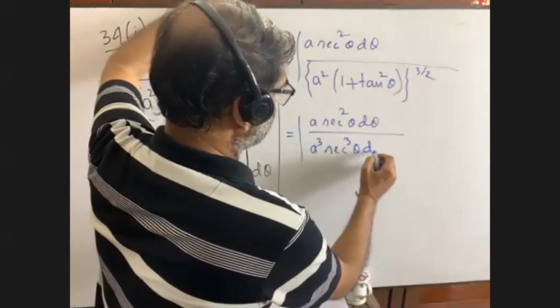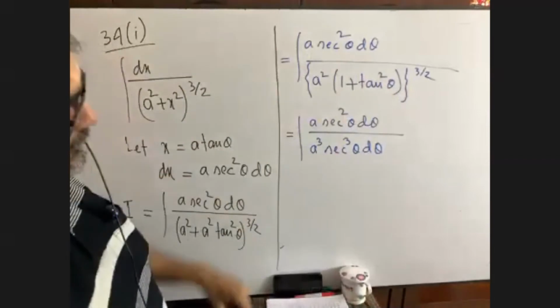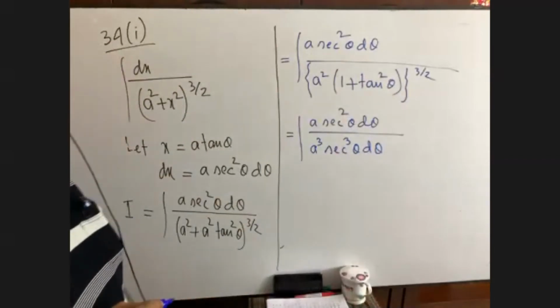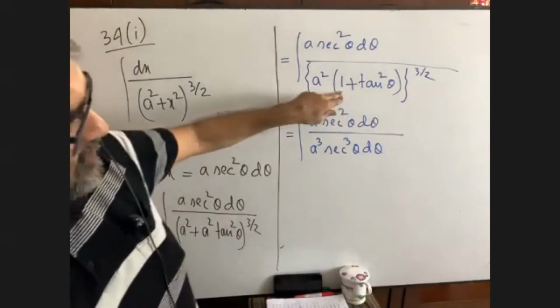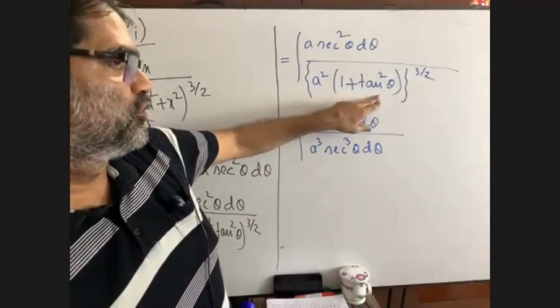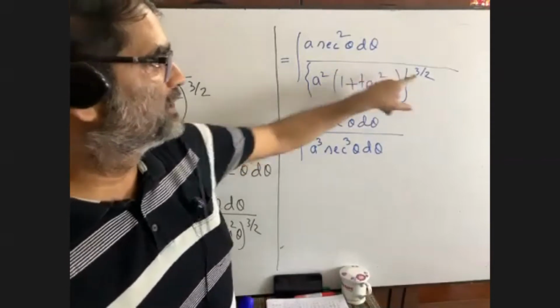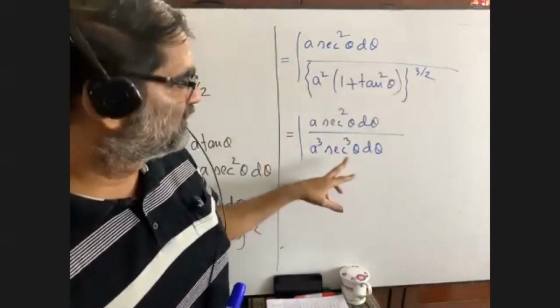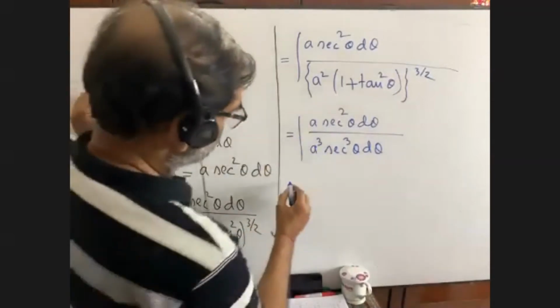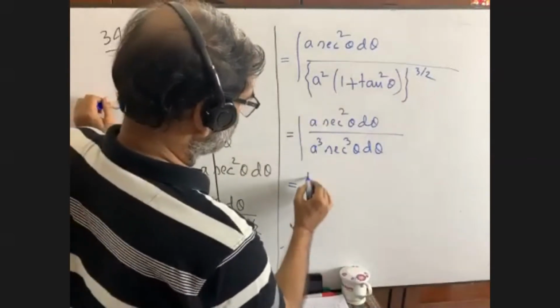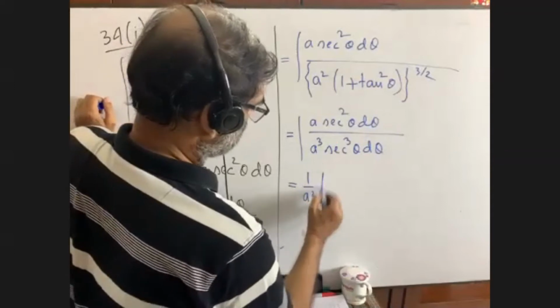If you don't get it, please talk to me. All of you are required to talk to me. I repeat, it is sec square theta, so that 2 and these 2 will be omitted. So we'll be left with sec cube theta. Now you see the calculation. It is 1 by a square, yes, not a matter.